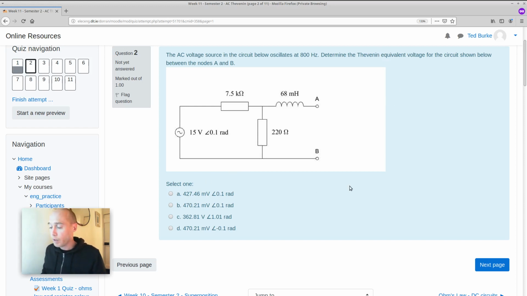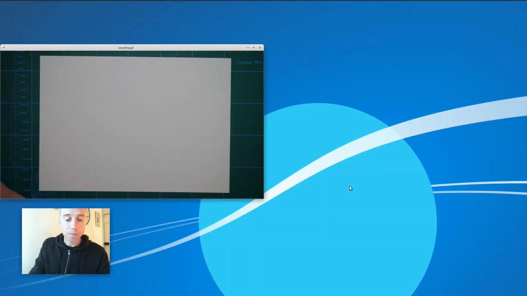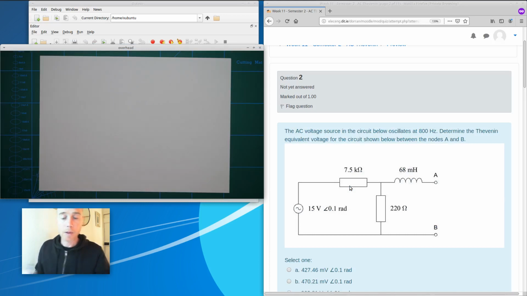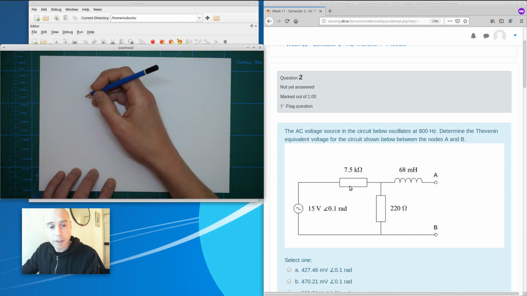So the way I'm going to go about this is I'm going to convert those into impedances. Let me just pull out a new sheet here. And I'll move this guy over to the left. So just so you can see what I'm writing here on the left, I'll just put that beside the circuit on the right.